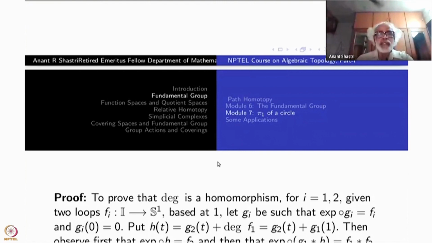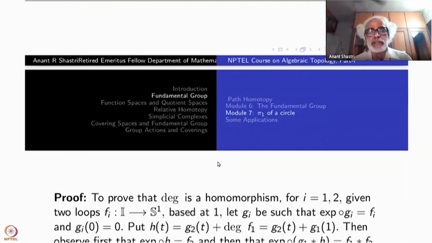So after taking the lifts, what we want to do is take H(t) to be G2 of t plus degree of F1. Add that number, so the G2 will be shifted by a constant, namely degree of F1.